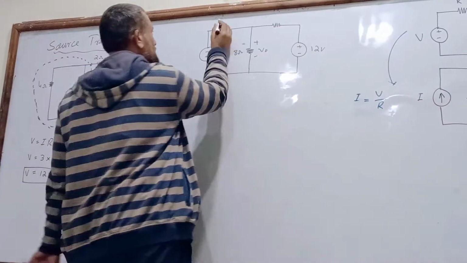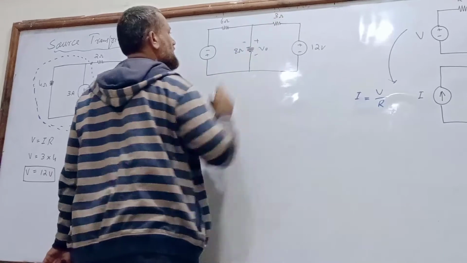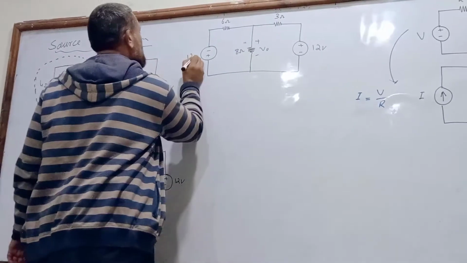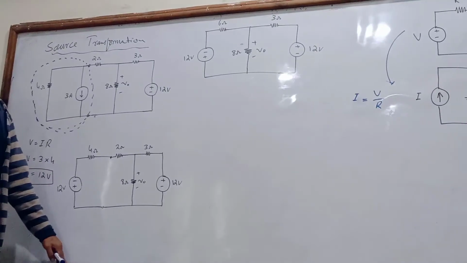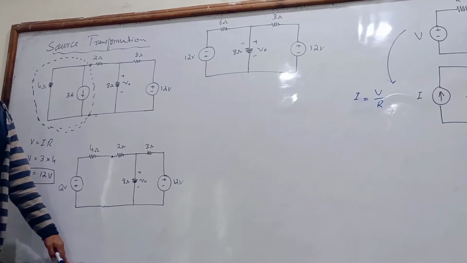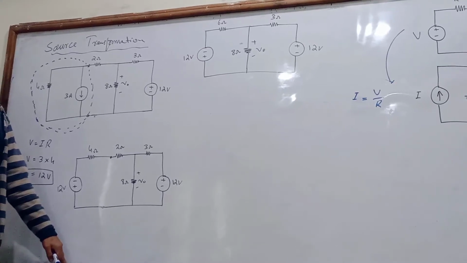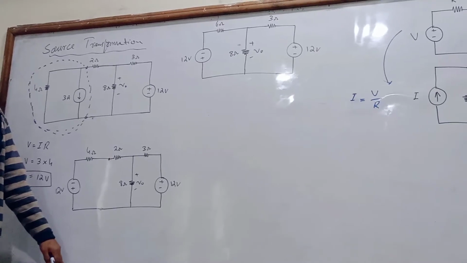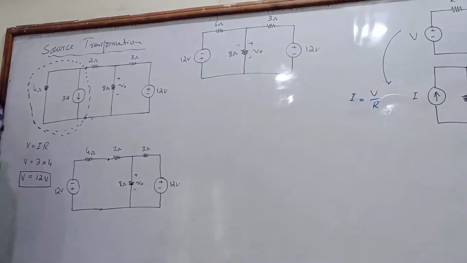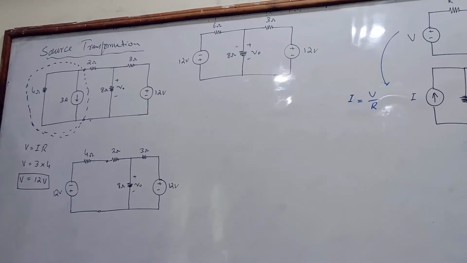Because these are in series, 6 on each, and 3 on. Understand? 12 volt and 12 volt. Plus 0 volt, 24 volt.